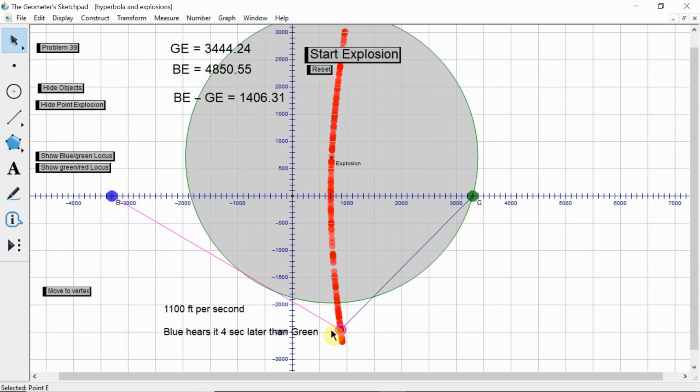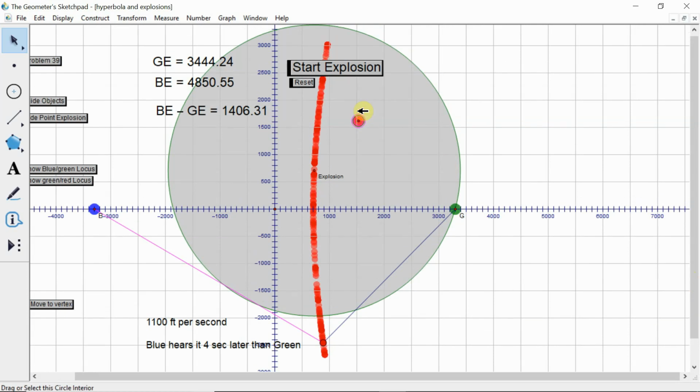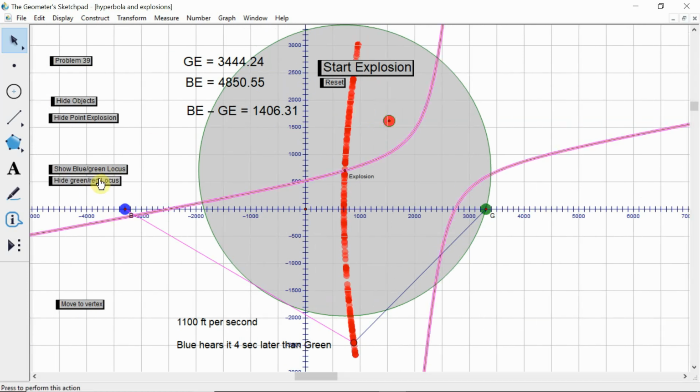Now you might, just for fun, think that doesn't seem super helpful because I don't know where on that hyperbola it is. Well, what they actually did, and that was my other random point here, is they would make a hyperbola using another point, and then it's got to be at the intersection of the hyperbolas.